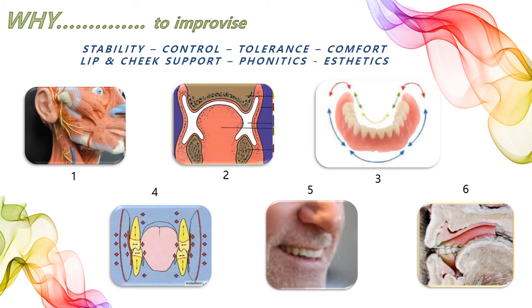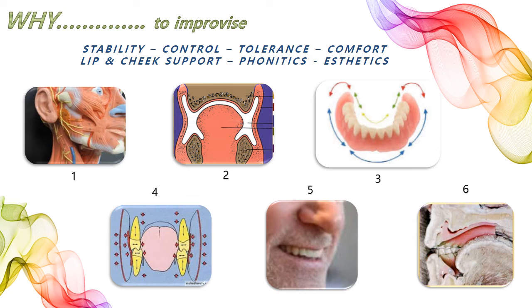The first one is the vertical forces, which are favorable in terms of stability and are very well tolerated by the patient or the basal tissue. The second category of forces are called non-vertical forces, also called horizontal forces or oblique forces or lateral forces, which are very damaging to the basal tissues as well as compromise the stability of the denture.